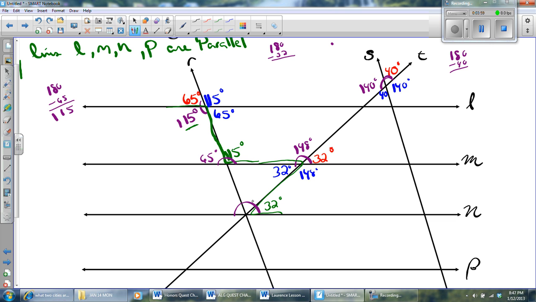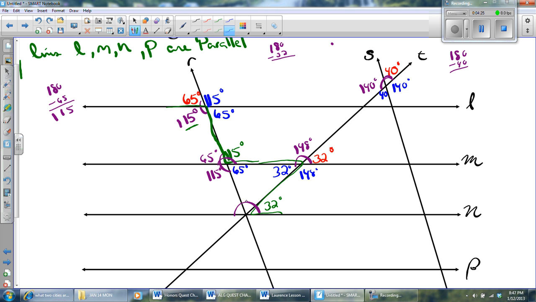See, this angle's not going to be the balance to 180, it's those two together, so I'm not going to do that. Okay, well, I can say that these two are 180, or I could have just easily said, you know, these are vertical. I'll go vertical this way and get 65.